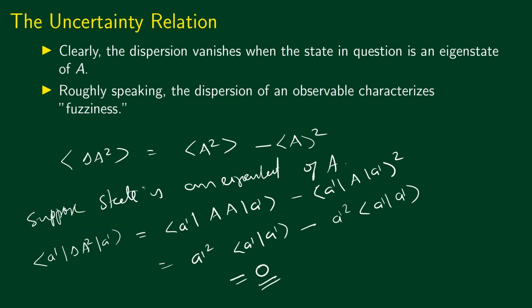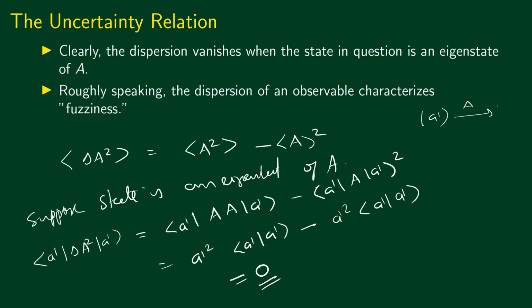So if the state is an eigenket, then there's no fuzziness in the observable A. There's no uncertainty. We have already seen this. If the state is an eigenket of A, and if I measure observable A on this state, I'm sure to get the eigenvalue A prime.